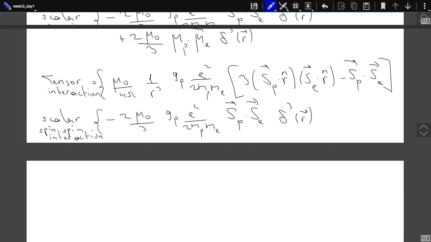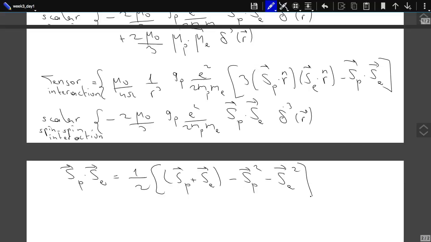Now, both of them you can write in terms of the total spin of the system, the electron plus the proton system. In the case of Sp dot Se, this you can write as 1 over 2 times the spin of the proton plus the spin of the electron, squared, minus the spin of the proton squared, minus the spin of the electron squared, for both of the terms in the second line and in the first line. And you can do a similar thing for Sp dot r hat.